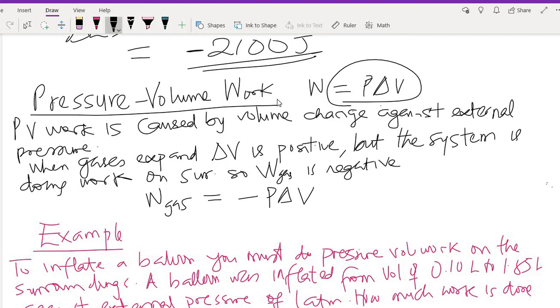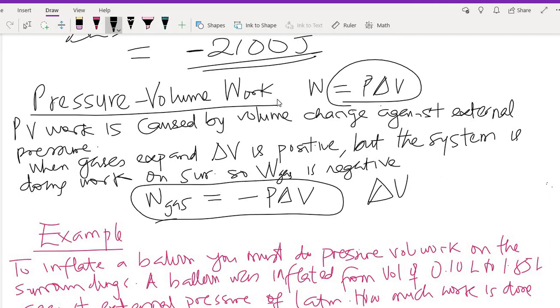So the surrounding is negative. The work done by the expanding gas becomes negative. So we have W gas equals negative P dV. We have to remember that the change in volume is V final minus V initial.